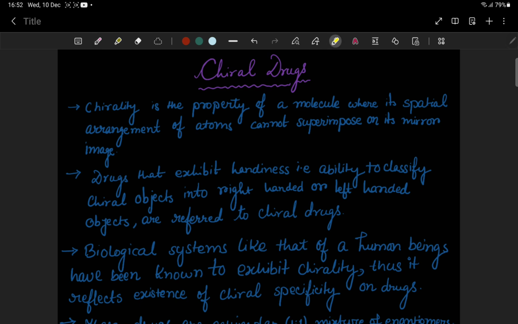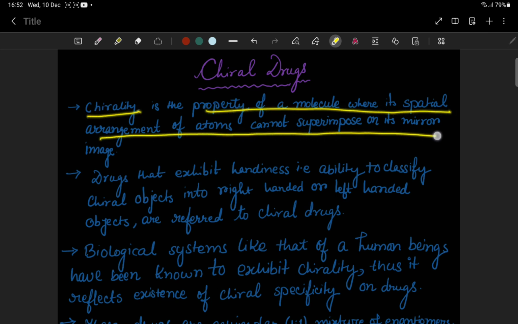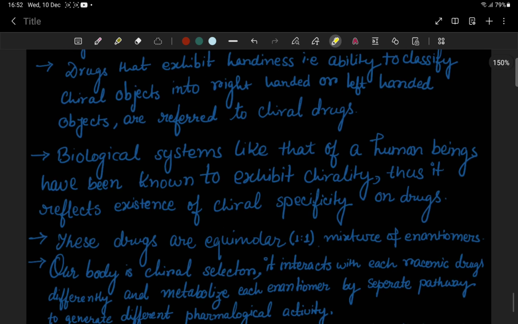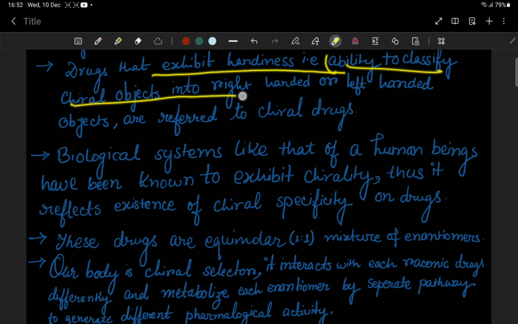See, what are chiral drugs? Before knowing that, let me recall what chirality is. Chirality is the property of a molecule where its spatial arrangement of atoms cannot superimpose on its mirror image. Our hands are not superimposable on each other, that means they are chiral in nature. Drugs that exhibit handedness, that means the ability to classify chiral objects into right-handed or left-handed objects, are referred to as chiral drugs.